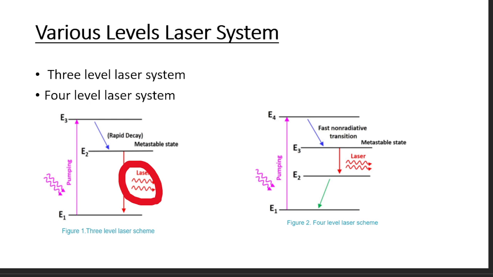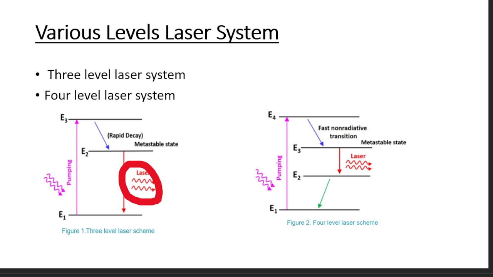Now the second one is the 4-level laser system. Why is it known as a 4-level laser system? Because it consists of 4 energy levels, that is E1, E2, E3 and E4, in which E1 is the ground state, E4 is an excited state and E3 is the metastable state. The pumping transition takes the atom from E1 to E4, from where there is a spontaneous transition to E3.